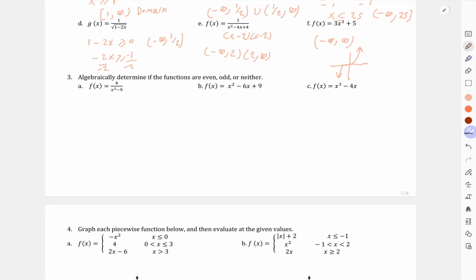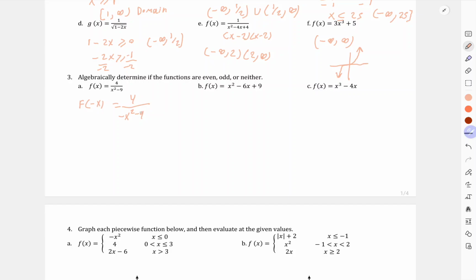So let's go ahead. Here, to find this, we just substitute negative x. So you plug in negative x into the function. So negative x squared minus 9. What we do here is we look at it.